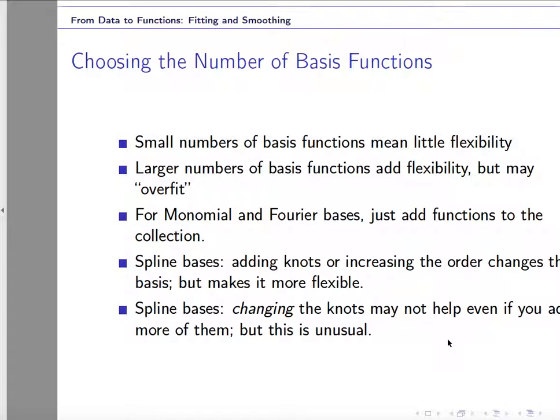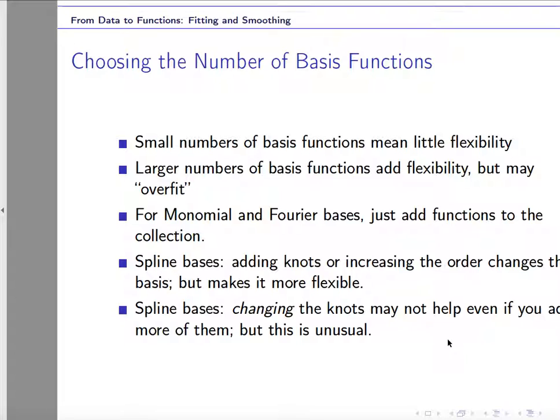So this is a balance we often have to make. If we choose a small number of basis functions, the function will have a small number of coefficients, and it will have little flexibility.